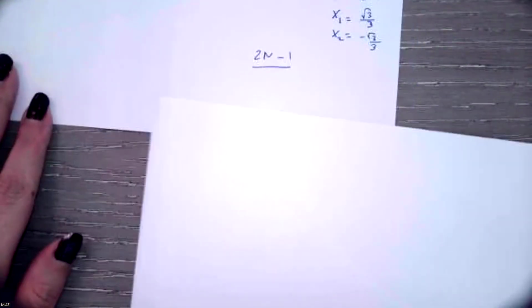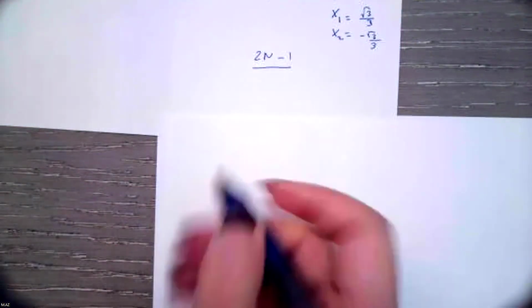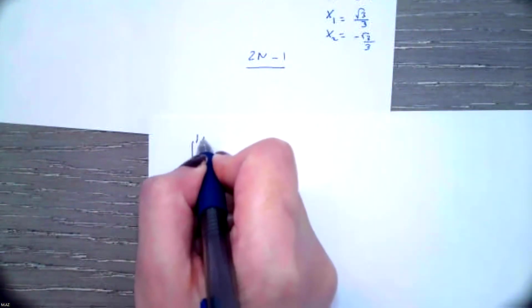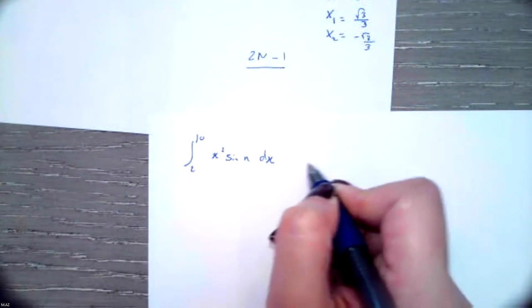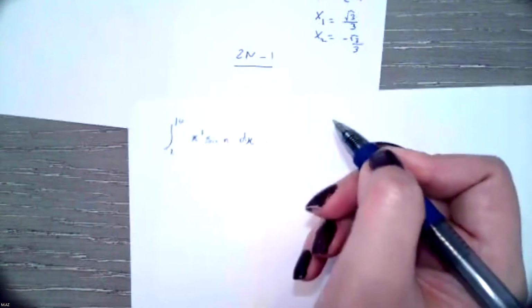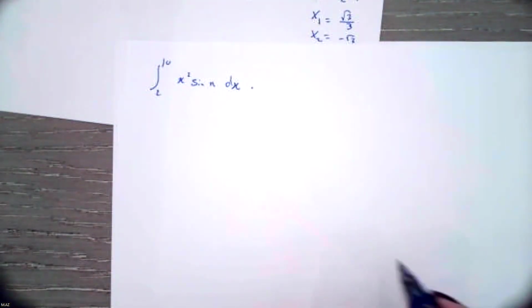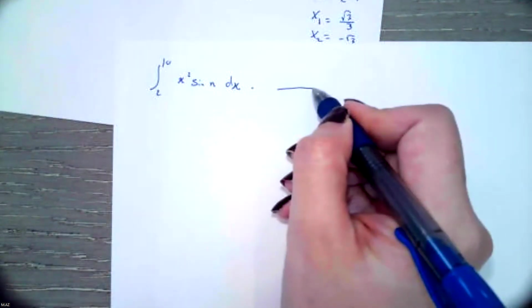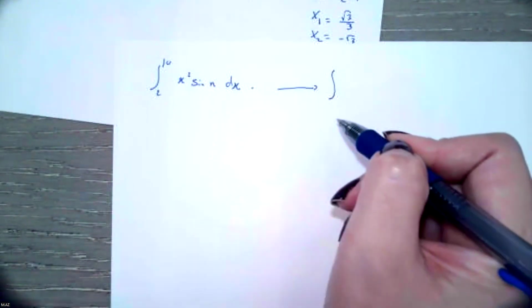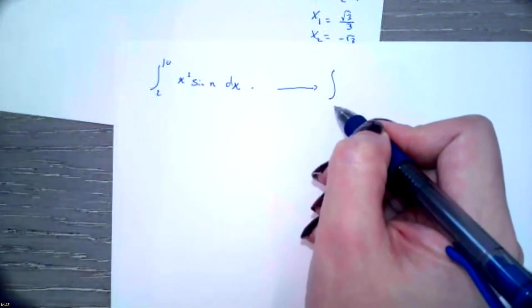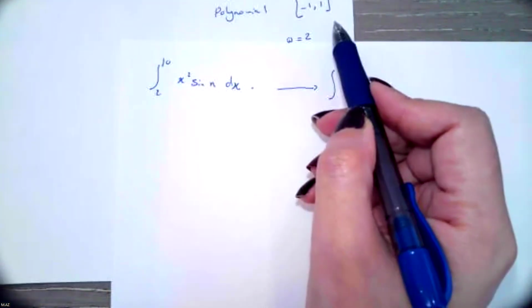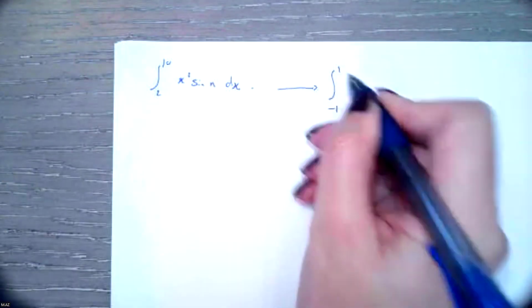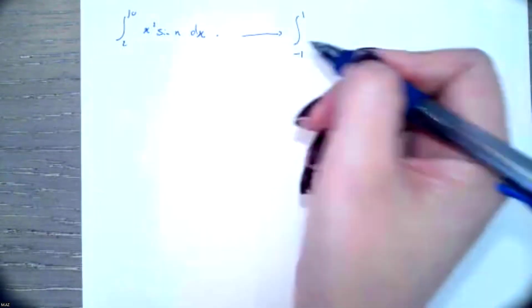For example, if we have this function and we are trying to find the answer of this integral based on the Gauss-Legendre rules, we have to rewrite this equation, or transform it, to the standard interval, which means -1 to 1. And how do we do that? By linear mapping.